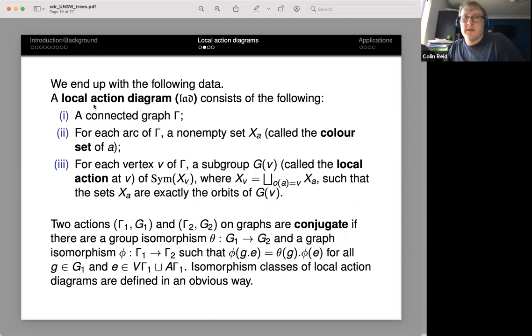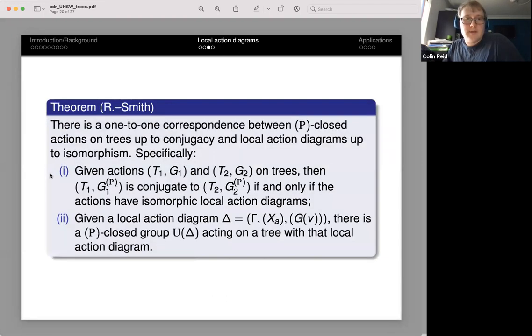Okay, so this is really the central idea of our theory. It's the local action diagram, and this is our version of a graph of groups. And the main theorem is that this tells you everything, and all possible local action diagrams occur.